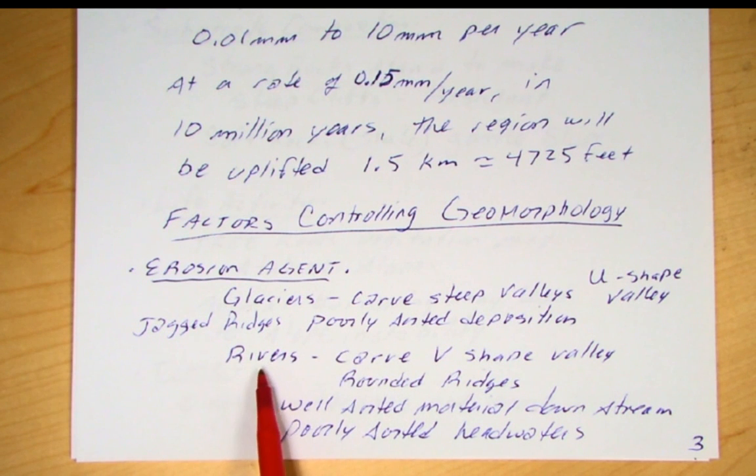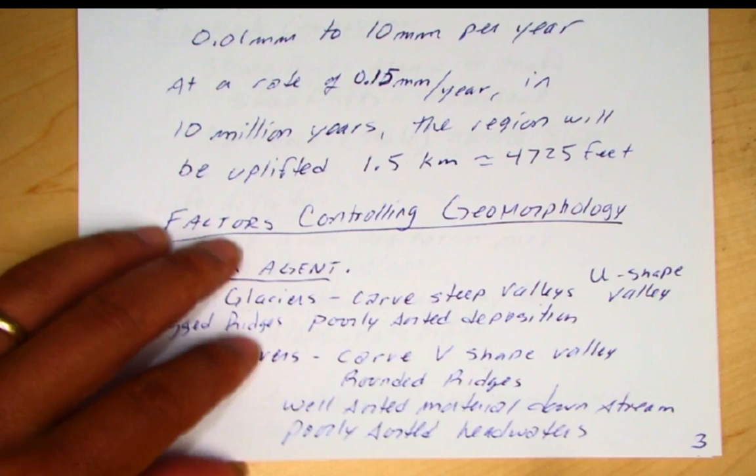And that till in the moraines is poorly sorted, very different sizes. On the other hand, rivers carve these V-shaped valleys. A V-shaped valley, more rounded ridges, so not steep ridges. And if you go farther downstream, you'll see well-sorted sediment because some of the finer particles are carried farther than the larger particles. Near the headwaters of the stream, you'll see poorly sorted sediment. So the agent of erosion is pretty important there.